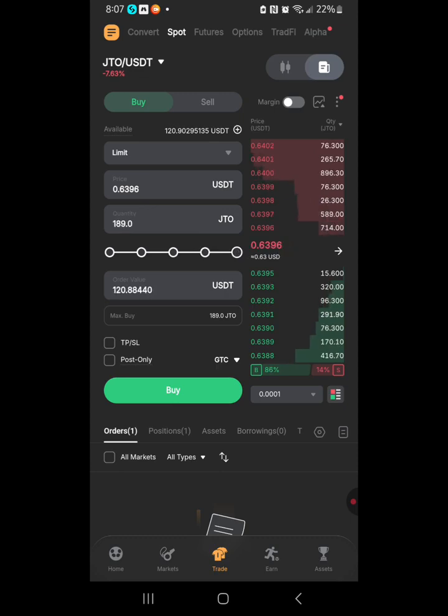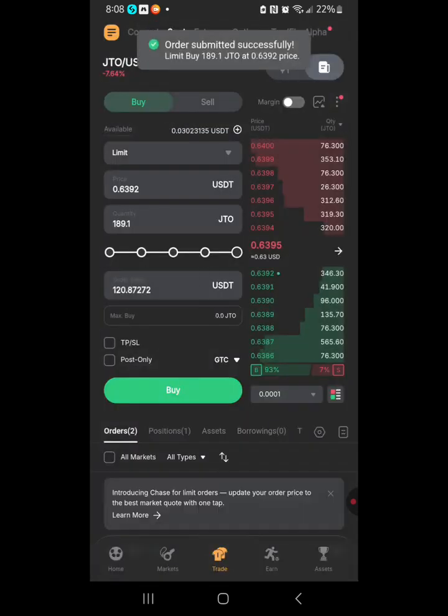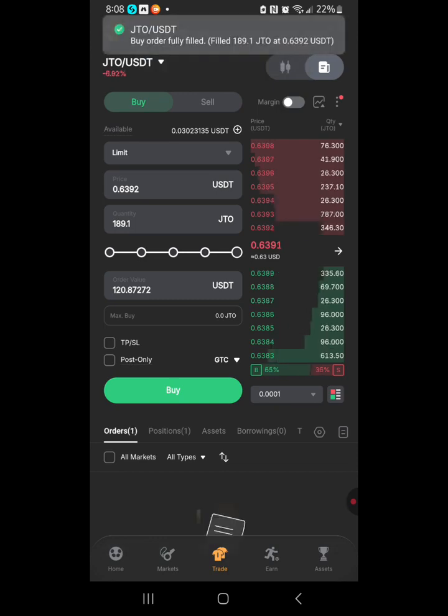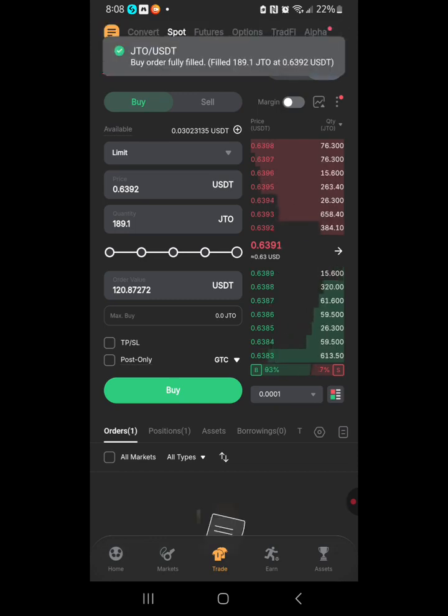So let me quickly place my limit order. I do prefer using limit orders in most cases to do some of this trading, so that we can buy it at the price it was intended to be sold for.